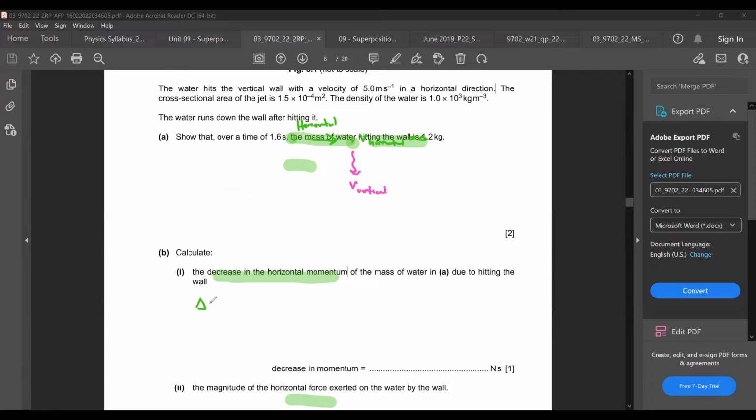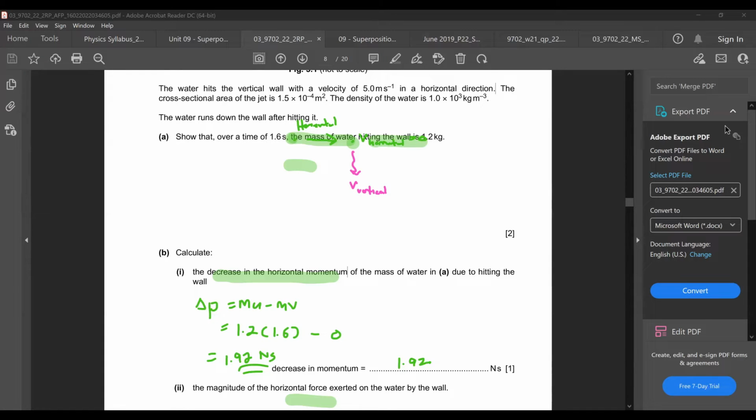Change in momentum is basically mv minus mu, or mu minus mv. Mu minus mv is 1.2 times 1.6 minus 0. 1.2 times 1.6, you're going to get 1.92 Newton seconds.